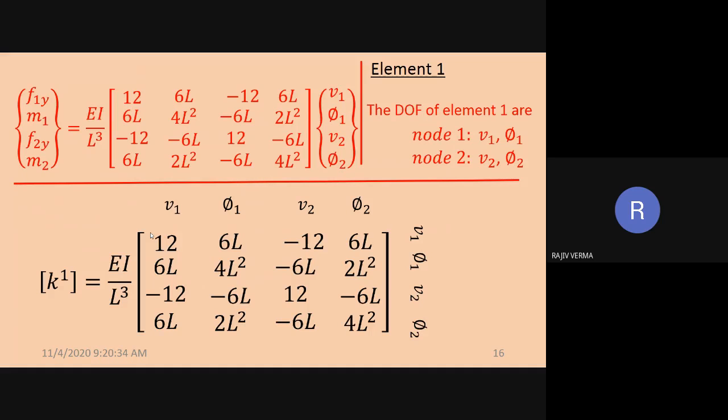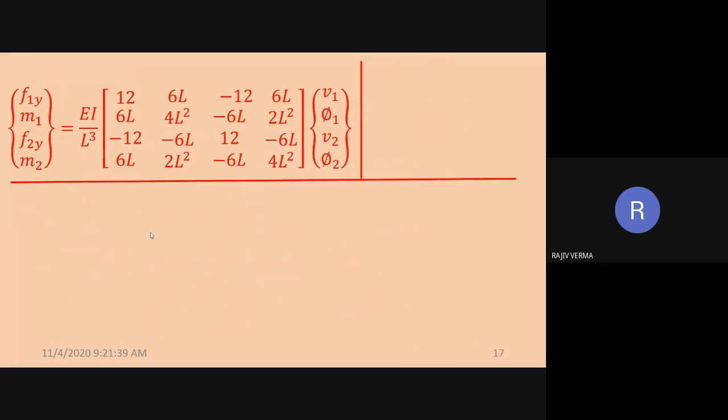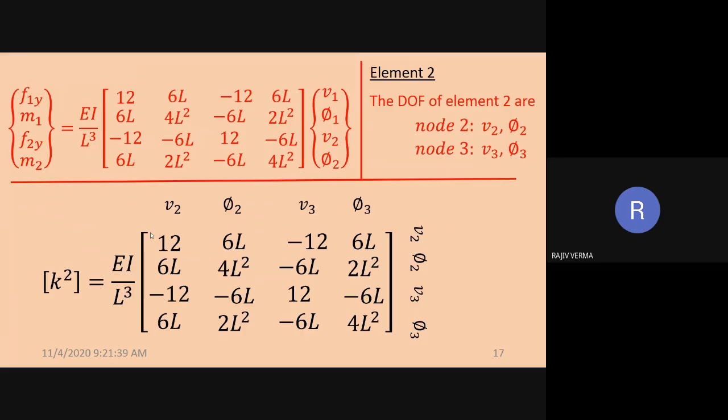So stiffness K1 is going to be given by this expression, and please note that the degrees of freedom have also been written along with the stiffness. This is what we get for element number 1. Similarly, for element number 2, we get its stiffness along with the required degrees of freedom.